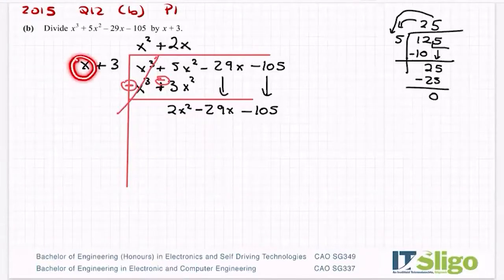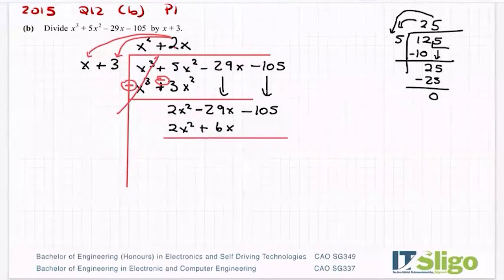I have one x there. This is 2 x's, so I need another one. Then I multiply this 2x squared by the x and by the 3, and I put the answer here. So 2x by x, 2x squared, 2x by 3, well, 3 2's are 6x. Put a line under it.